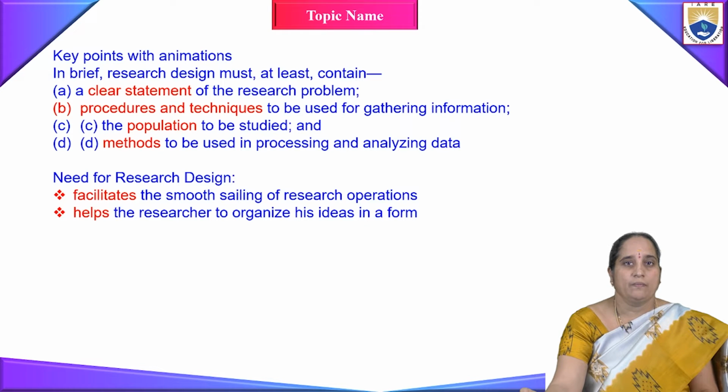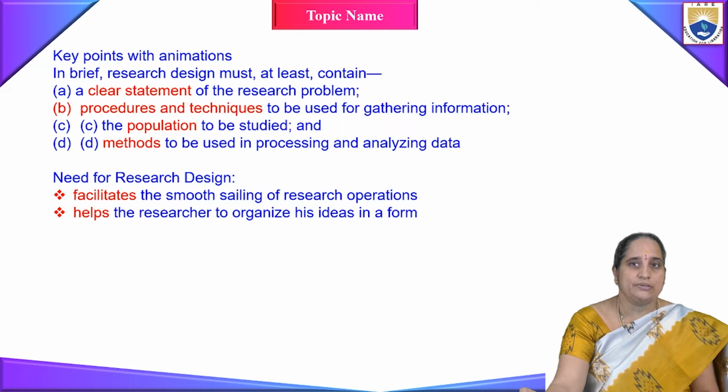And the second one is the procedures and techniques that are used in data collection. And the third one is the population to be studied, which is part of sample and sampling, and how we are going to select a particular sample from the population.